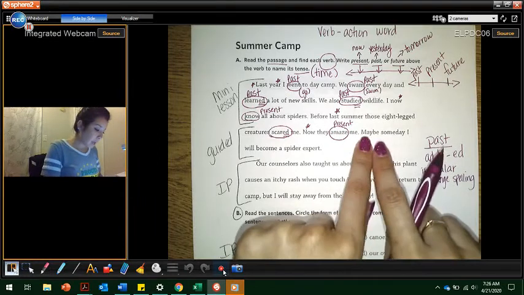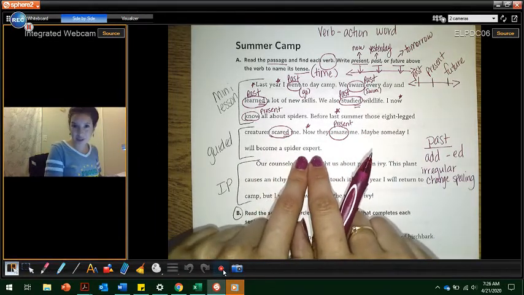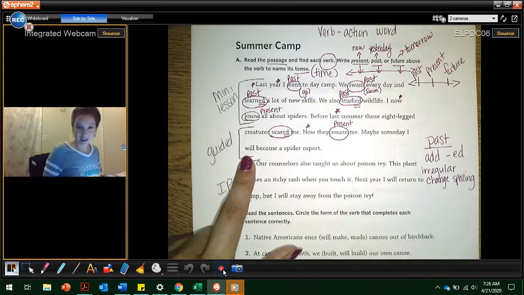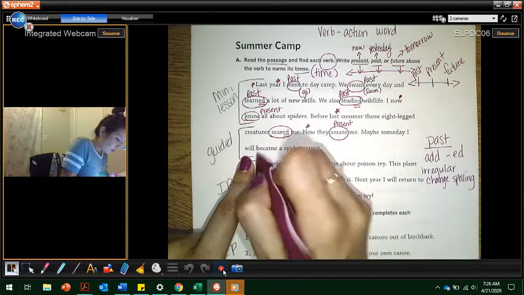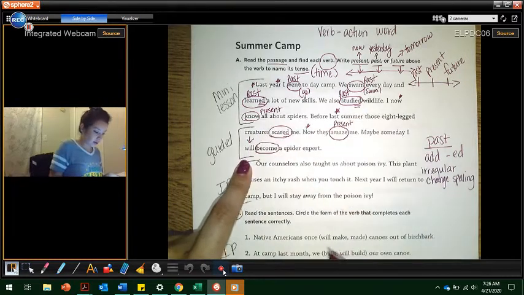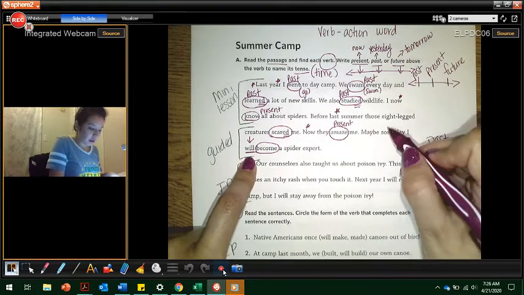Now here we're going to get ready. Okay? Maybe someday I will become a spider expert. Okay. Look at this special word here. I need to tell you about this special word. So become is our action word. But there's a special word here. Okay? Look at this word. Maybe someday, look at those time words.